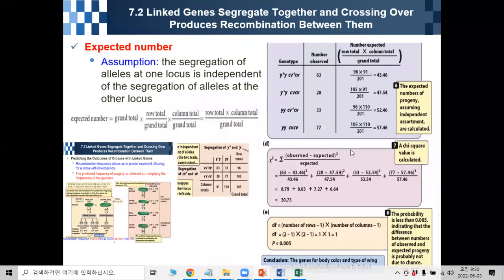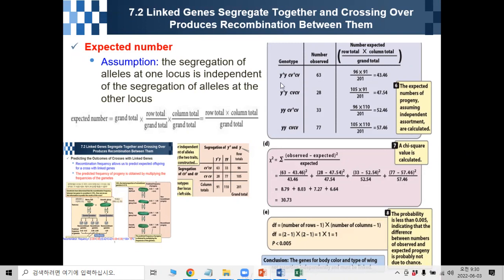After that, we can make the assumption. Our assumption is that the segregation of the allele at one locus is independent. They are independently assorted. Based on this assumption, we can calculate the expected number. Expected number is the row total multiplied by the column total divided by the grand total.